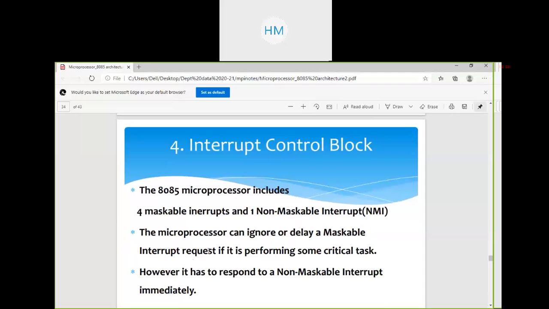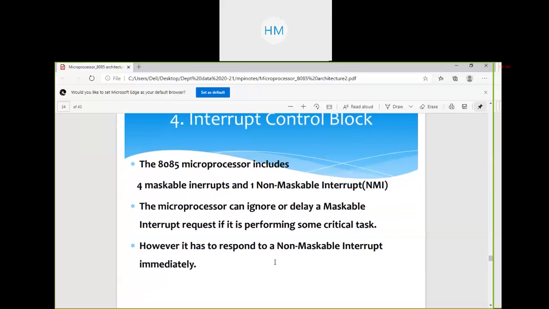What do you mean by maskable interrupts? We can delay or ignore a maskable interrupt, but whenever a non-maskable interrupt request comes, we can't ignore it, we have to execute it immediately. This is the difference between maskable and non-maskable interrupts.